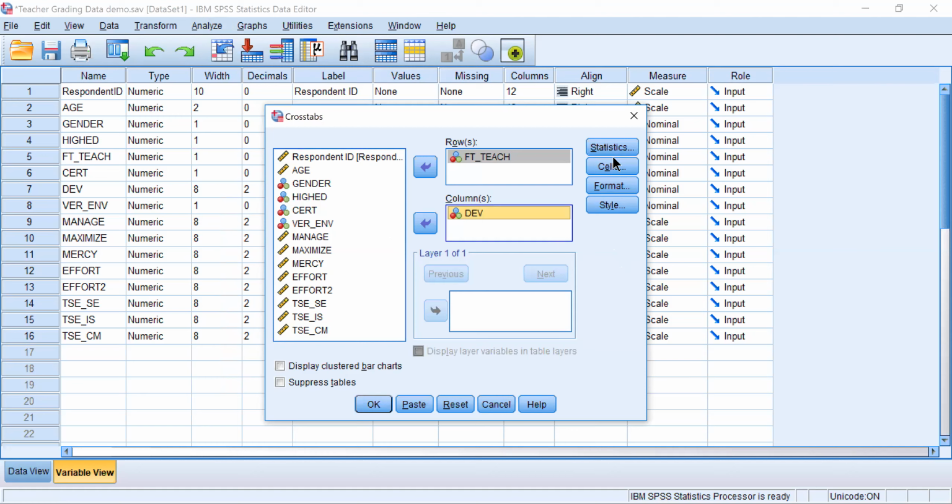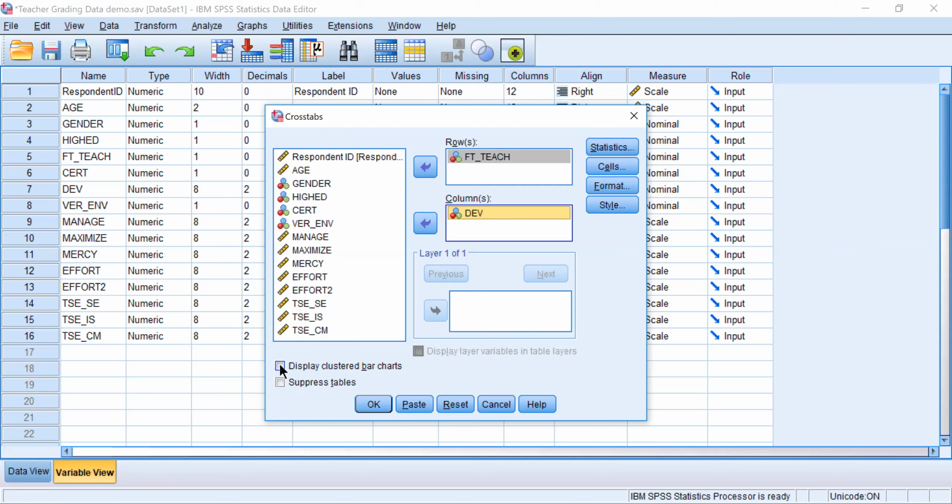There are a variety of statistics we can ask, options we can ask, some of which you're going to cover later in the semester with Professor Ranellucci, and when you do, I'll come back around to this. But one particular extra thing that I want to do here is get clustered bar charts, which will be a visual display of this. There are other ways to get the visual displays.